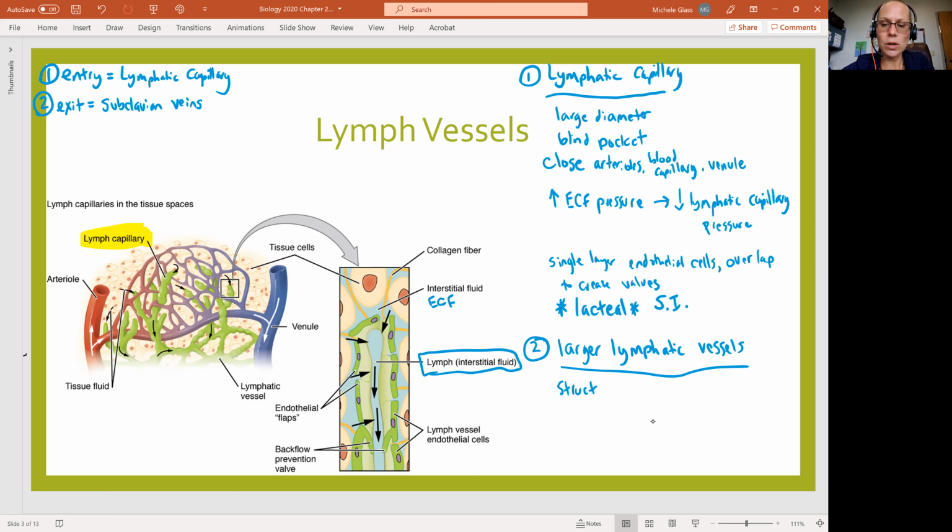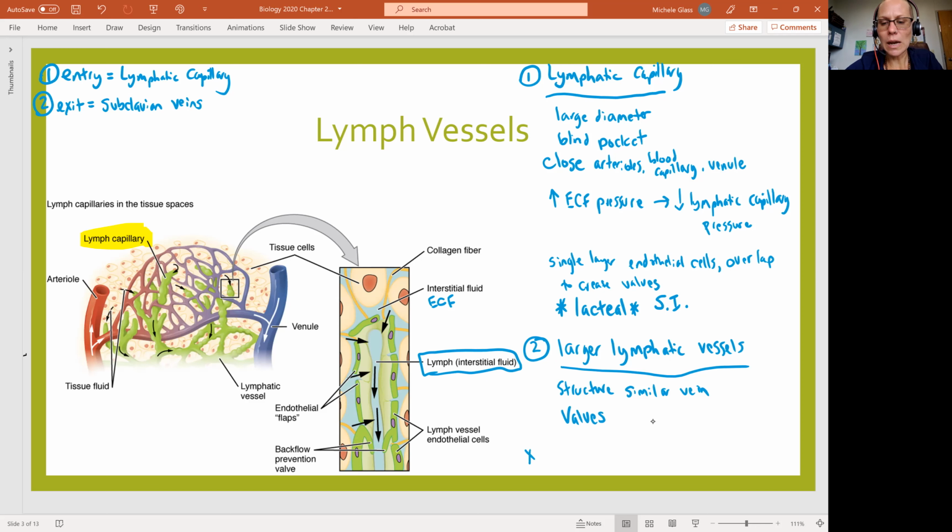It's going to have valves to promote that unidirectional movement. Just like with the vein, we don't see a lot of musculature to the vessel itself. So we don't have a pump and we don't have a lot of muscle to the lymphatic vessel. So we don't have a way of really pushing that lymph through.